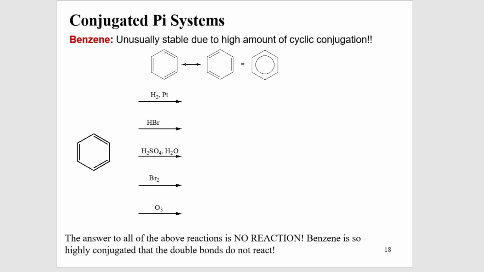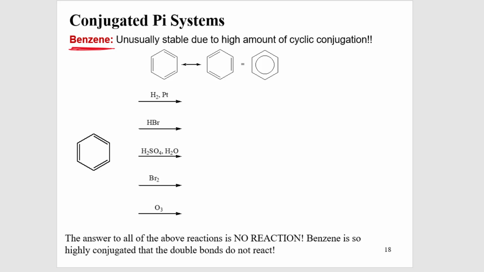What we're going to do next is we're going to be looking at very special conjugated pi systems called aromatic rings. Benzene is just one example of an aromatic ring, but we're gonna use benzene for the most part for all of our chemistry. Now, what you'll notice about benzene is that it is very conjugated, right?